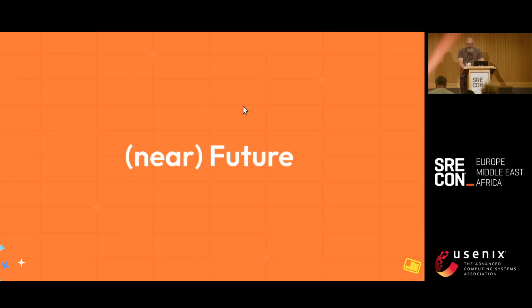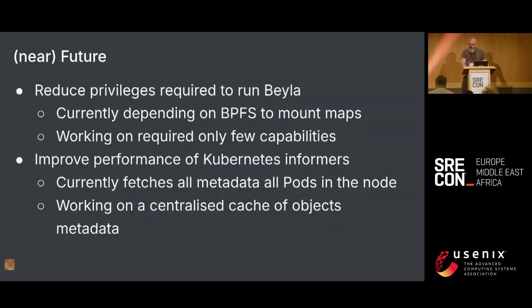What's in the roadmap for the near future? First of all, we are working on reducing privileges. Currently, you need to run Beyla as a privileged container, as we've seen before. This is required because we need to mount the BPF file system, and that's needed because we have what are called pin maps.